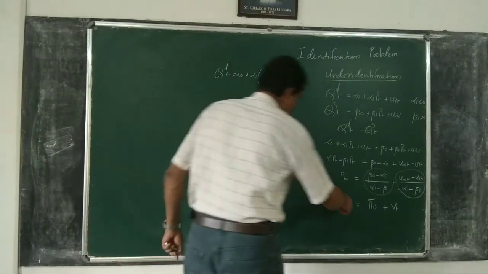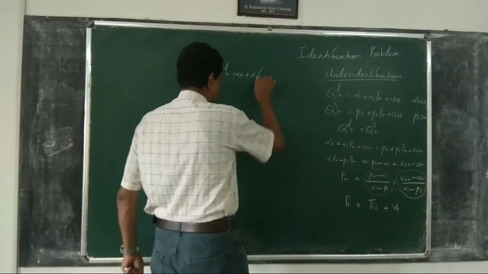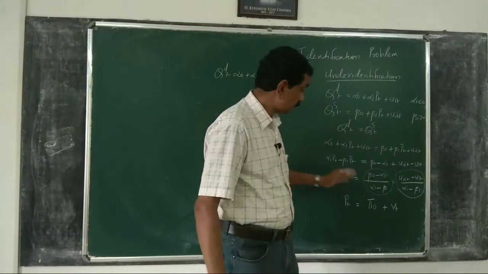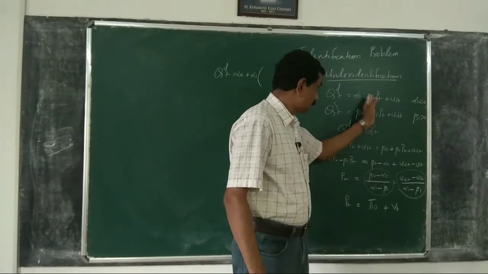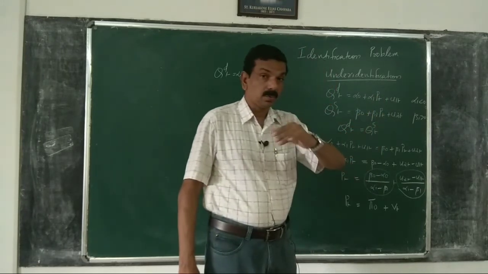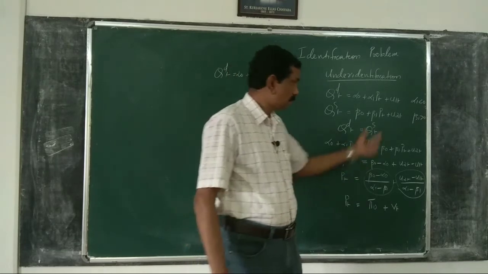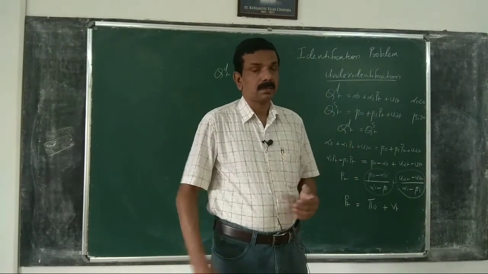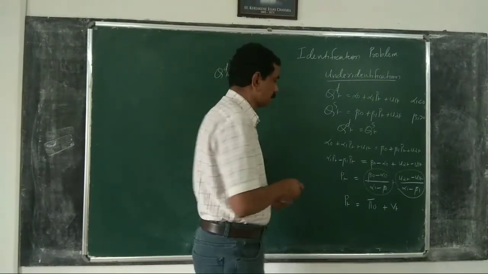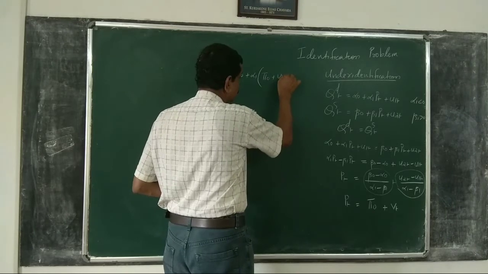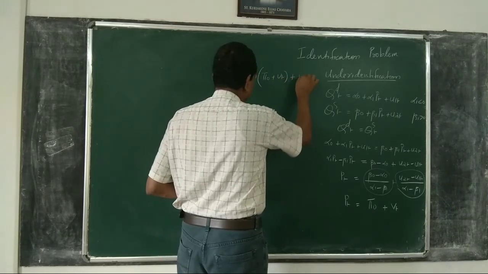I prefer this because it is easy, and I suggest that you always substitute into the demand equation and the supply equation. You do all the calculations because it will improve your mathematical skills. So pi 0 plus vt plus u1t.